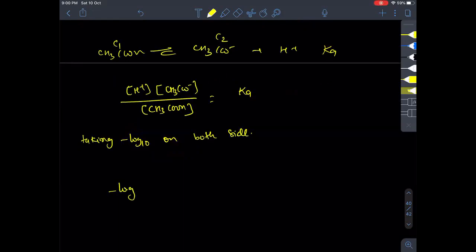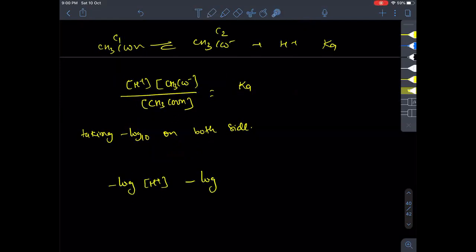Minus log H plus and minus log, I'm just expressing, minus log of this and this together. So log of A into B will be log A plus log B, so minus log A minus log B. And on the right side we'll have minus log K.